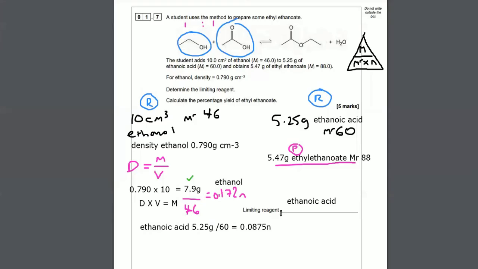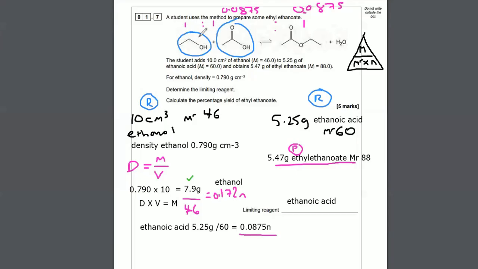The next part of the question is to calculate the percentage yield of ethyl ethanoate. So I know that the maximum amount of ethyl ethanoate I can make is limited by the amount of ethanoic acid. It's a 1-to-1-to-1 reaction. So if I've only got 0.0875 of ethanoic acid, then I can only make 0.0875 of ethyl ethanoate.